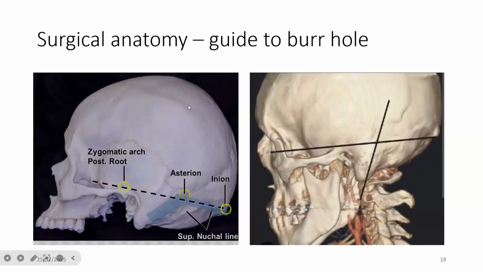Also, this is to explain the guide to the first borehole that is inserted in the retrosigmoid approach. Several reference points have been used in order to site the first borehole. One of the structures used is asterion.